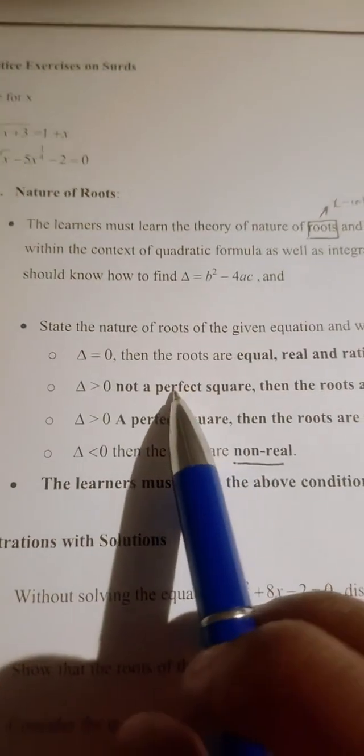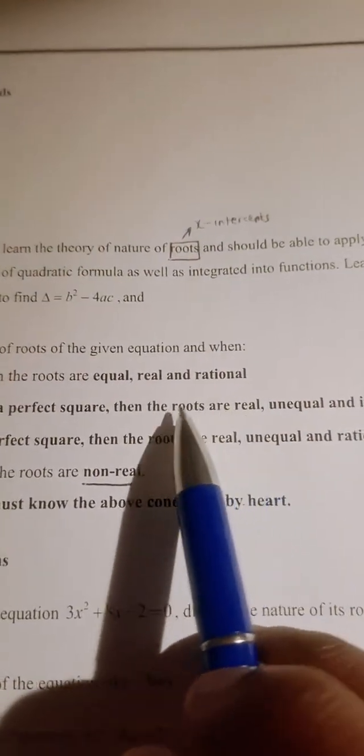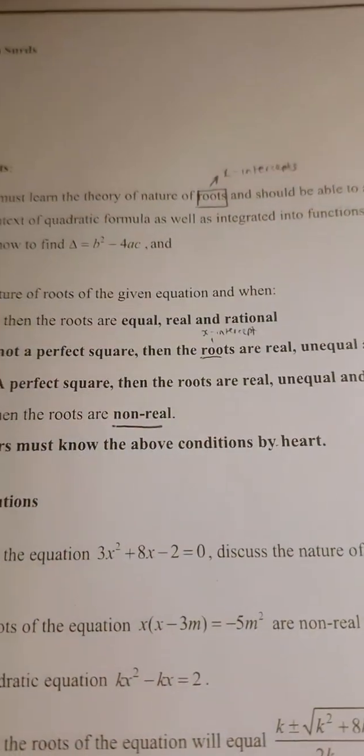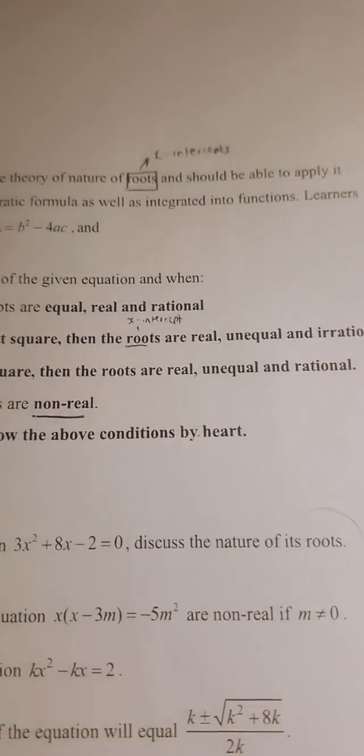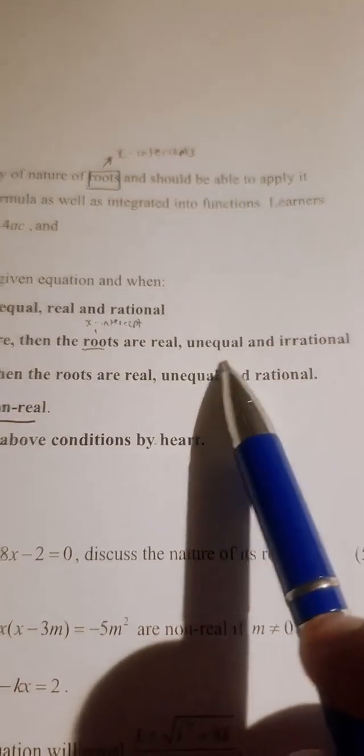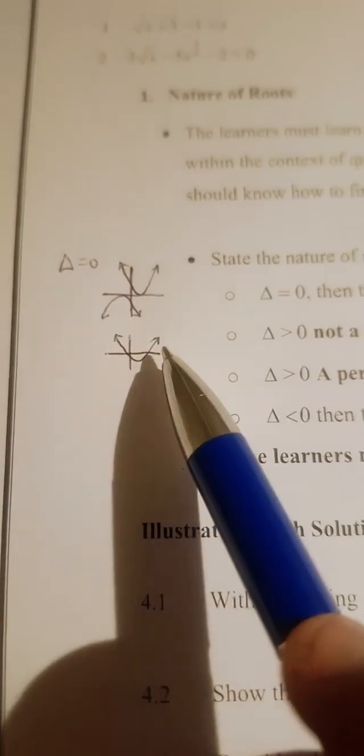But those particular roots, remember, when we look at functions, roots are what we call x-intercepts. What about them? They are real, meaning they are actual real numbers. Two, they are unequal, meaning they are not the same. You will have one root this side, one root on the other side.